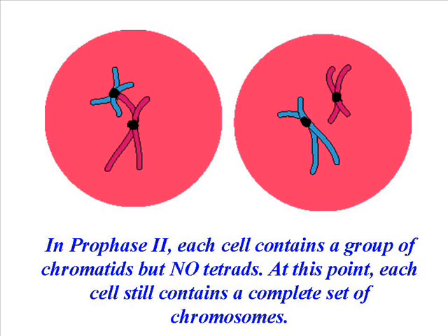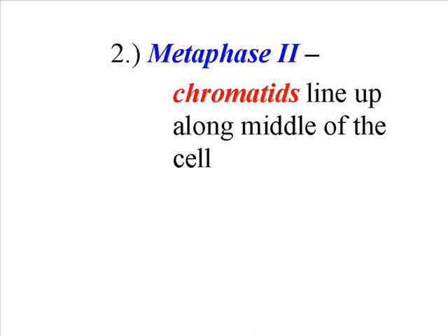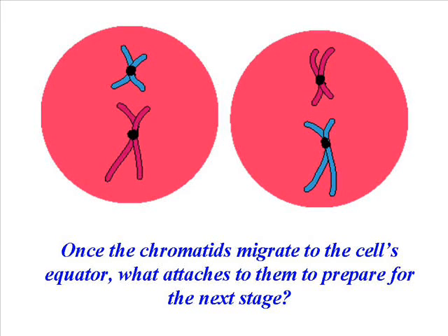Now, these chromatid pairs will eventually be attached to spindle fibers in order to allow the cell to begin the process of manipulating these chromosomes and moving them around within the cell.